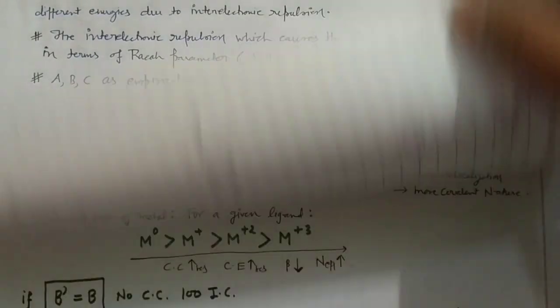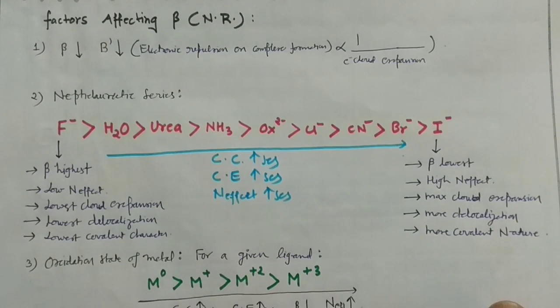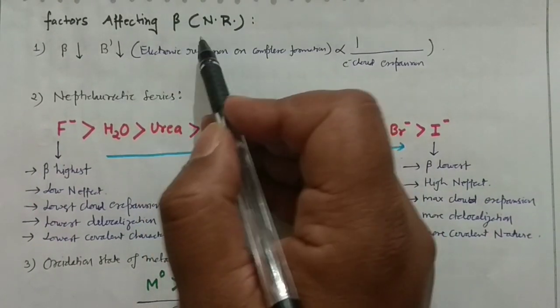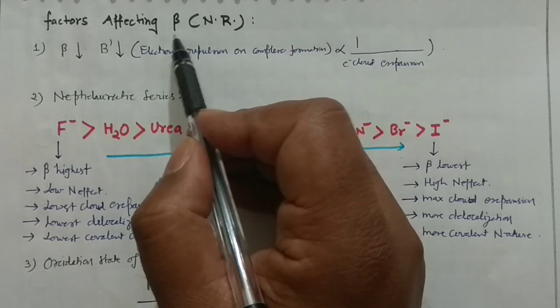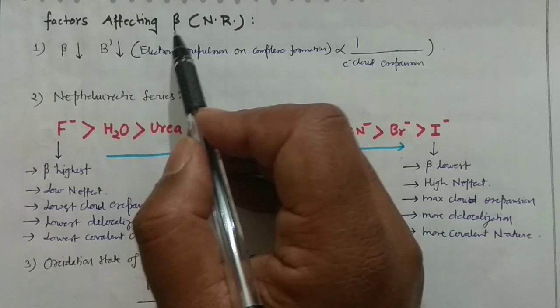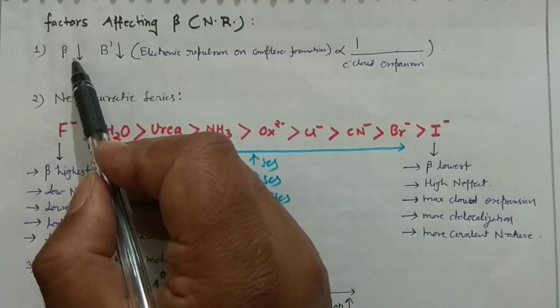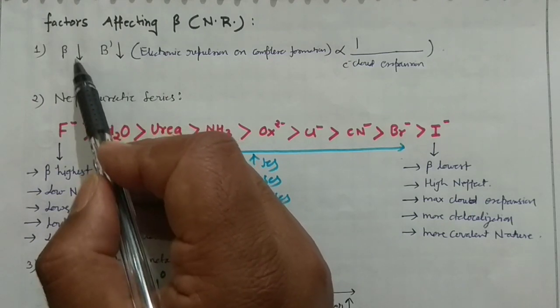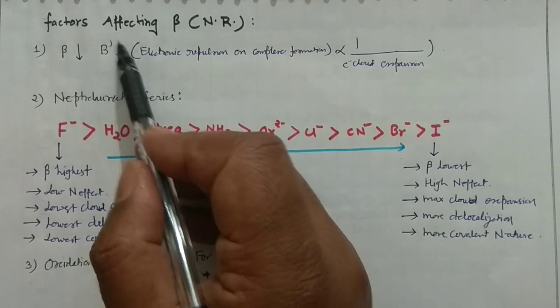Then after that, you can see here there are certain factors which can affect the nephelauxetic ratio. Remember, I am talking about the nephelauxetic ratio, not the nephelauxetic effect. These two are different. So as I already explained, if beta goes down, then definitely your B dash goes down.